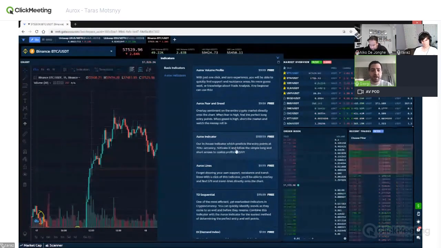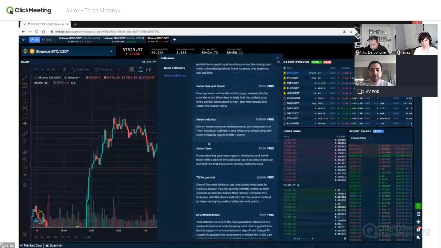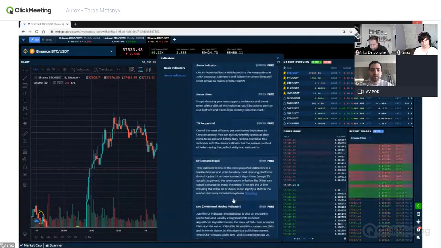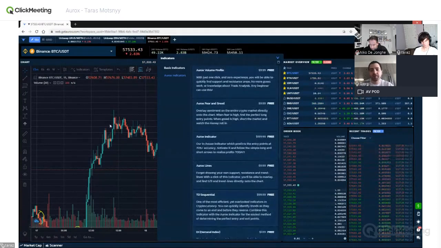Same thing with DI. It's a modified version of what you'll see out there. We use these indicators often, and that's why we compiled a separate tab for them. And this article goes in depth on basically every single one of those indicators.